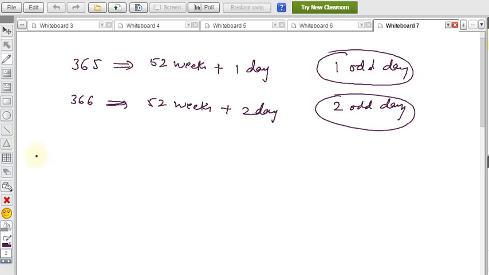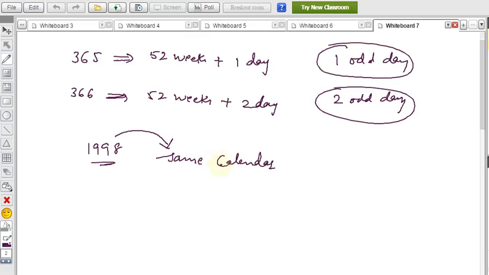Now let us see one year. 1998. This is the year. After this year, which year will have the same calendar? After 1998, which year with the same calendar will come? I'll tell you the method. Any year that is given, just divide it by 4, and according to the remainder I'll give you one simple formula.